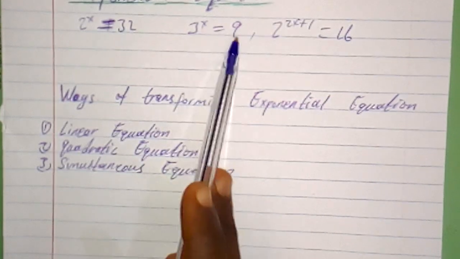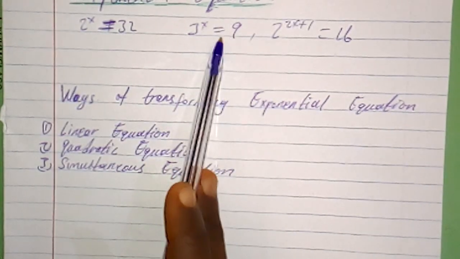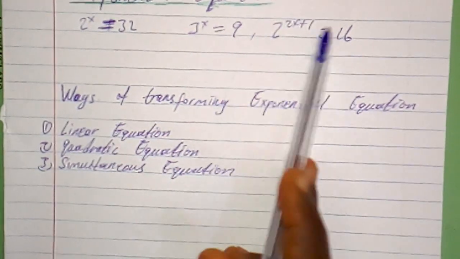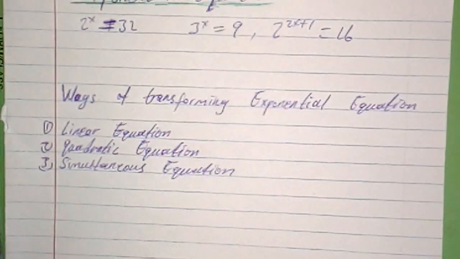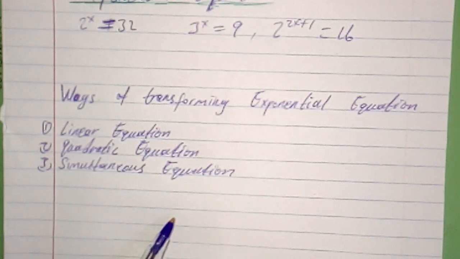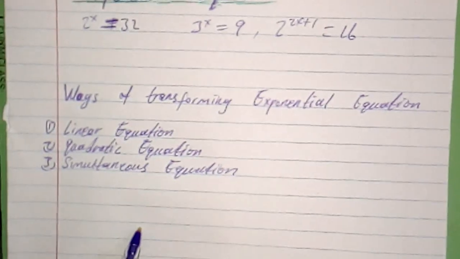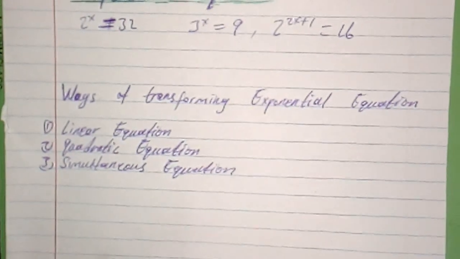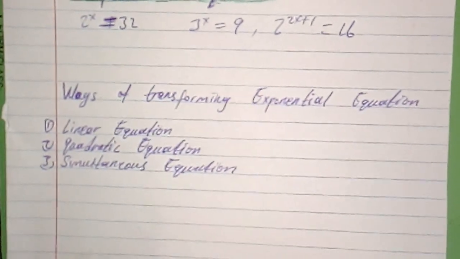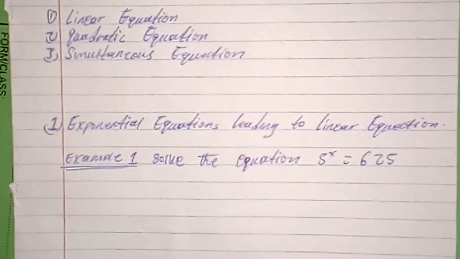As well, this is another example of an exponential equation that can be transformed into a linear equation. Very straightforward.